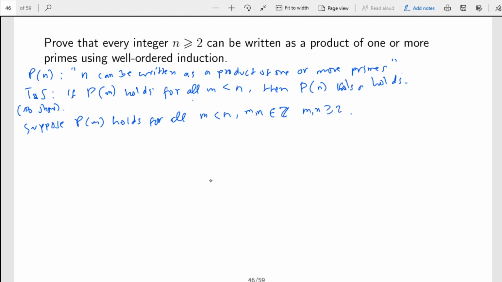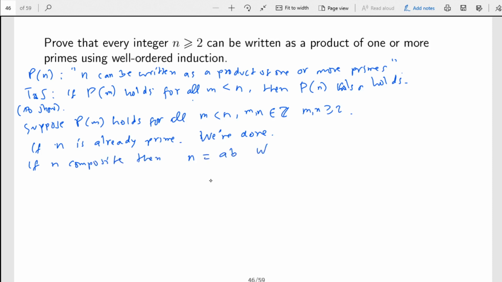So if n is already prime, then we're done, right? But if n is composite, then n is actually a times b, where 1 is less than a, b less than n, right?